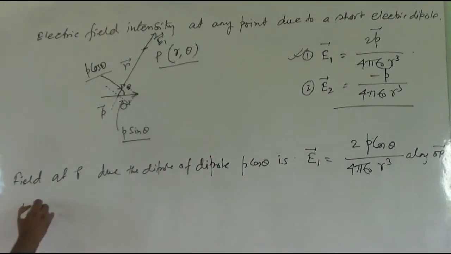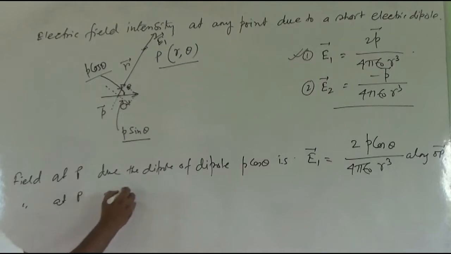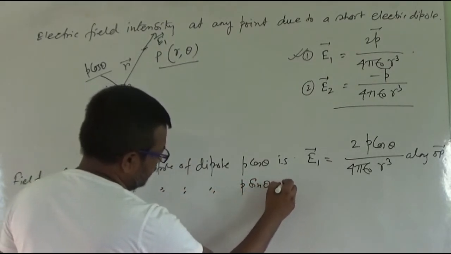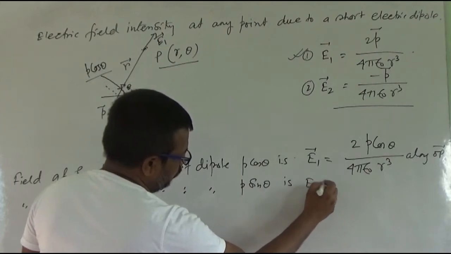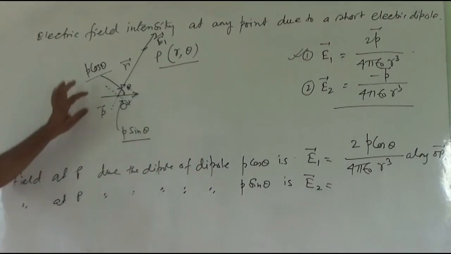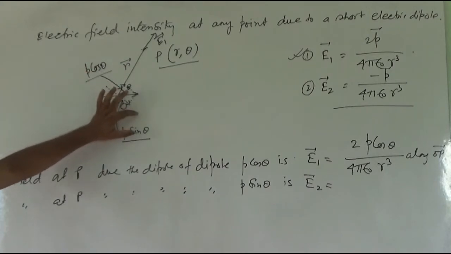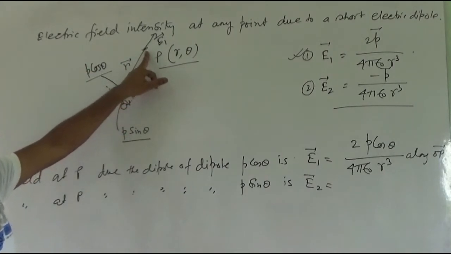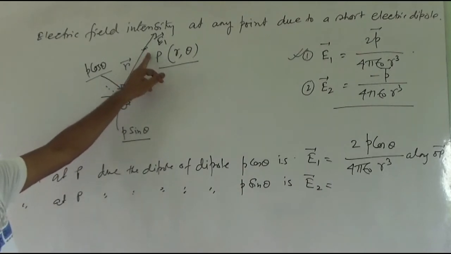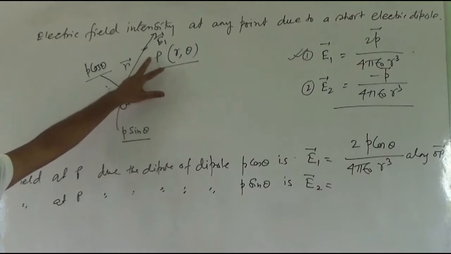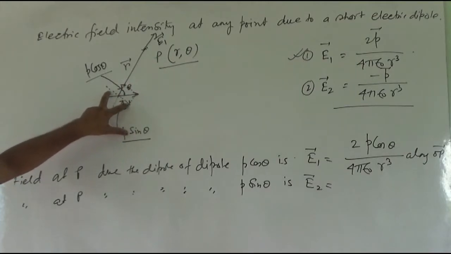Similarly, the field at P due to the dipole moment p sin theta is E2. This is the dipole, and this point is on the perpendicular bisector of the axis of this dipole.